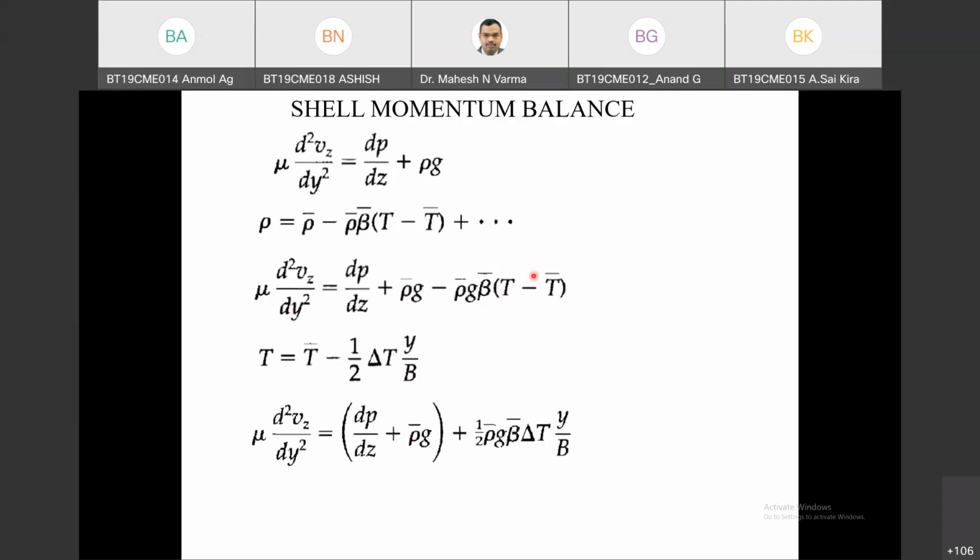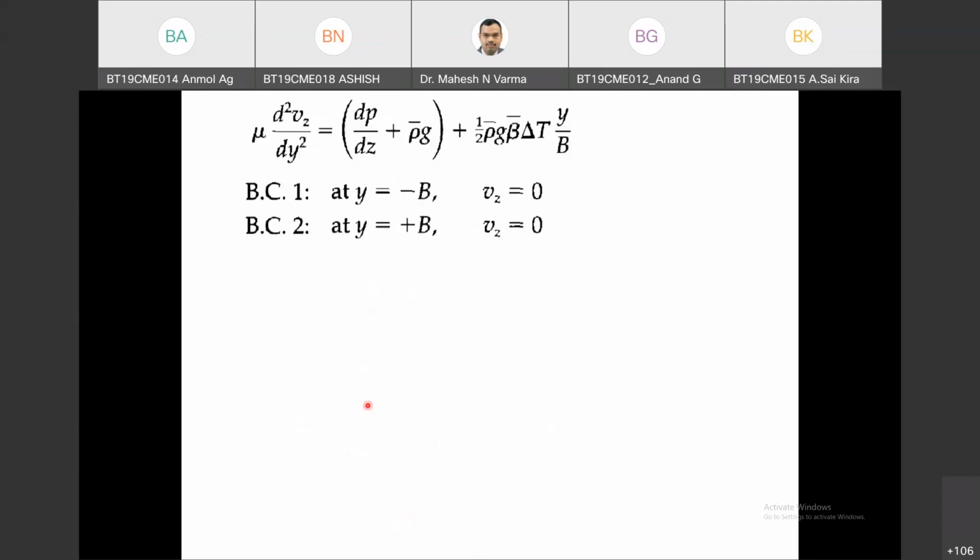You can take del p by del z as a constant. Rearranging and integrating, apply the boundary conditions: at y equals minus b, vz equals 0, and at y equals plus b, vz equals 0. These are no slip boundary conditions. Substituting these, you should get the velocity profile.